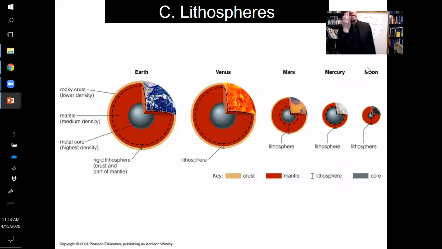The very first thing you're supposed to notice is that, to a first approximation, if you layer a planet by density, all the terrestrials look the same. They all have an outer crust made of silicate rock, a big mantle, and a metal core, although the size of the metal core varies dramatically.